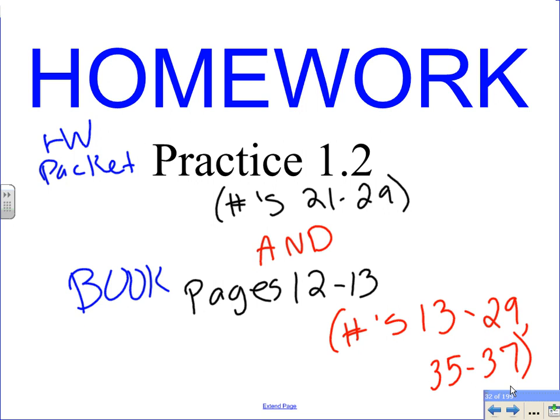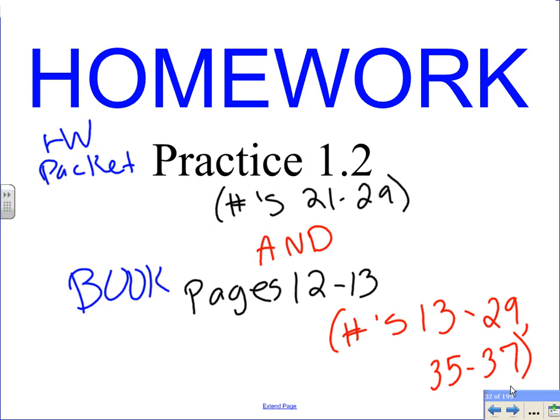When you are doing your homework in the book, please use your notebook or a piece of loose leaf. You do not need to write the actual problem down, but please show your work. Also, I noticed some of you today did not follow directions carefully on homework. If you don't follow the directions carefully, you will not get full credit from now on. So just make sure you follow directions carefully.